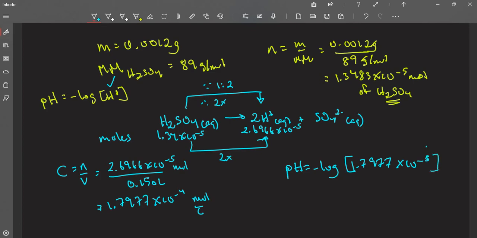And we get 3.745 as our pH. Looking at our original information here, it looks like we have 2 sig figs, so I'm going to round to 2. We get a pH of 3.7. Hopefully that answer matches what you figured out yourself.